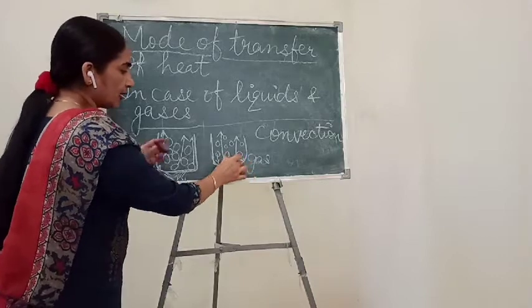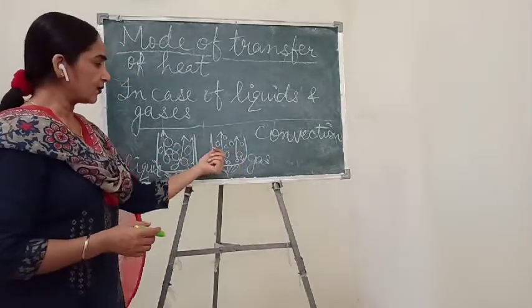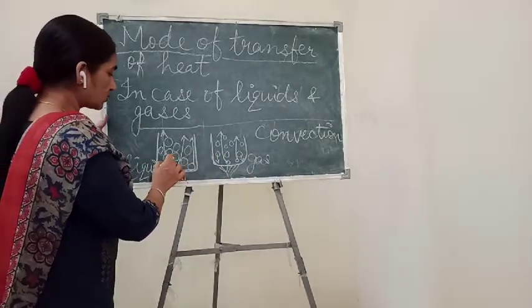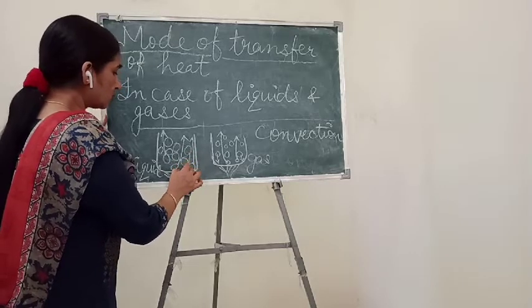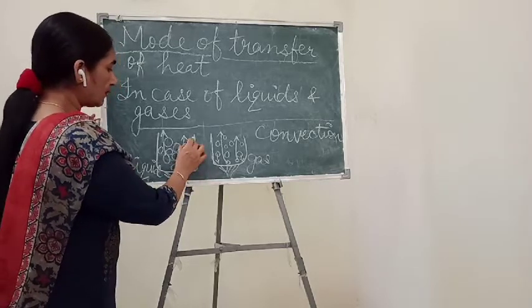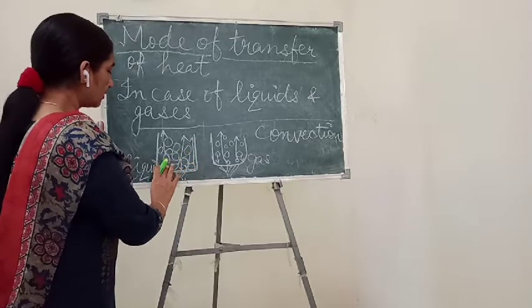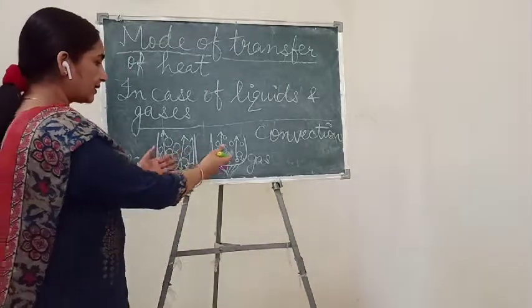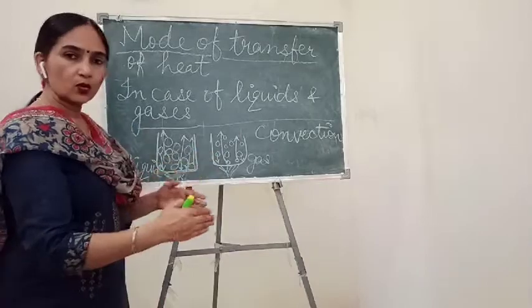Who will take their place? These molecules. In the same way, here also it can take the place of this molecule. When this molecule goes up, another molecule moves downward to take its place, and then these molecules again get heated and also go up.